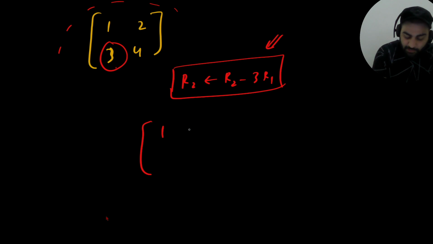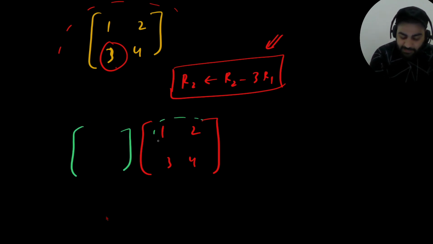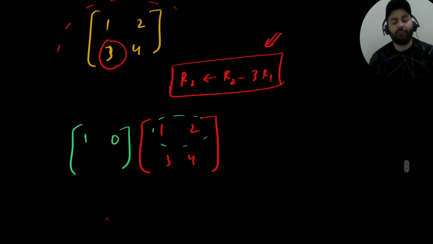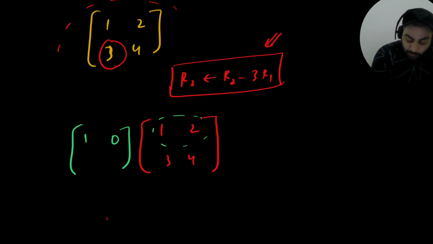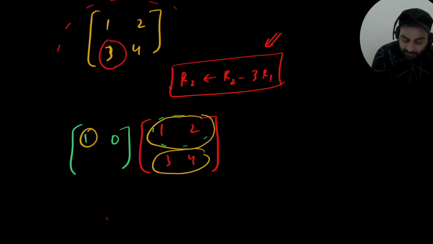If I do 1 2 3 and 4, now the first row is left as it is, because we're dealing with the second row. If you know the ways of matrix multiplication, yesterday I showed you the column way: you take this column, multiply it with this, you take this column, multiply it with this.